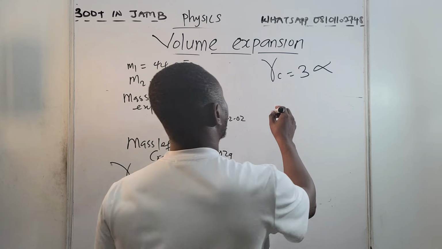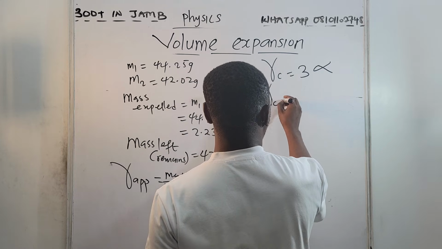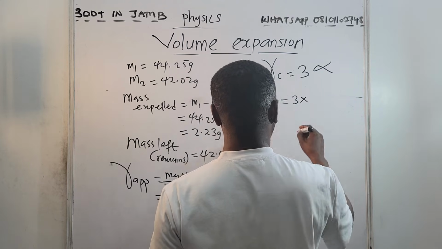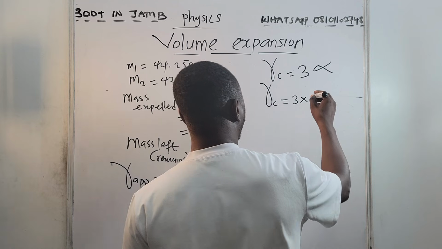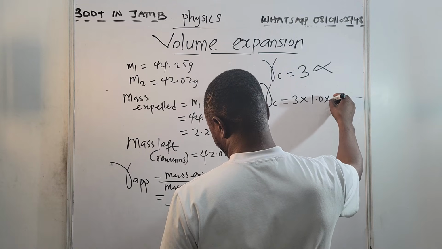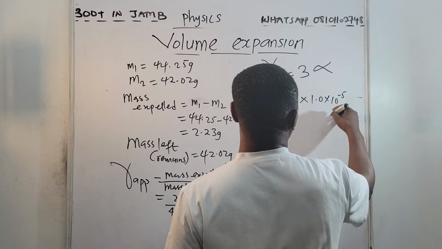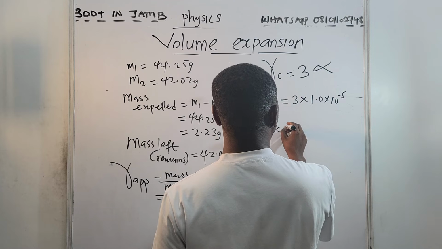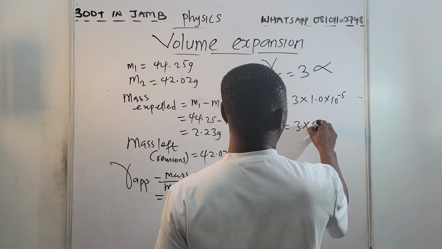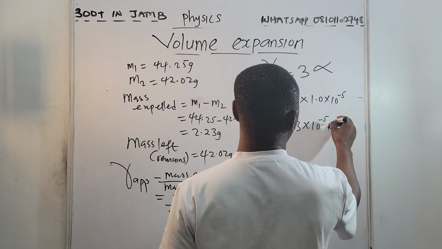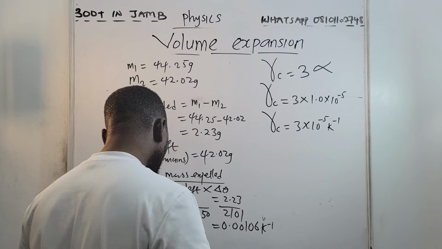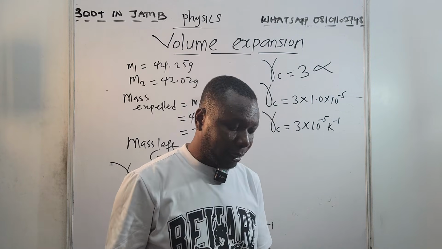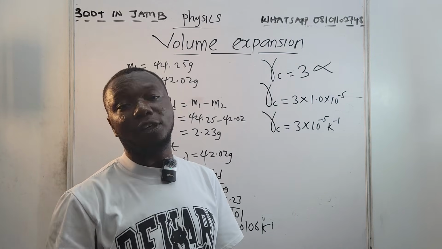So gamma subscript C is 3 times 1.0 times 10 raised to power minus 5. So gamma becomes 3 times 10 raised to power minus 5 Kelvin inverse.